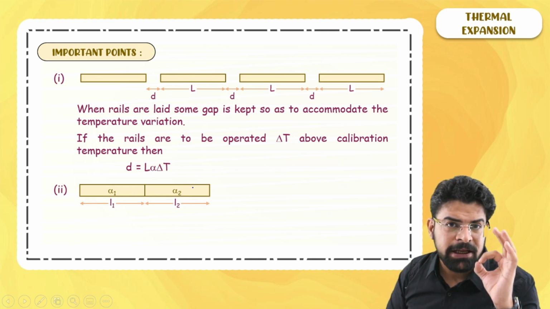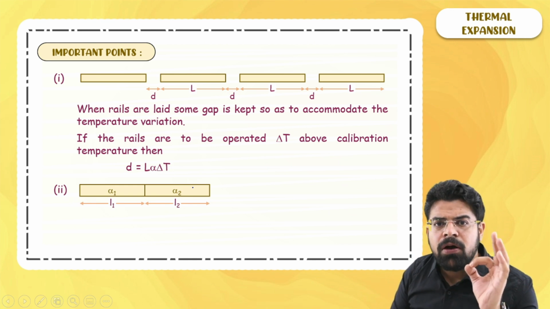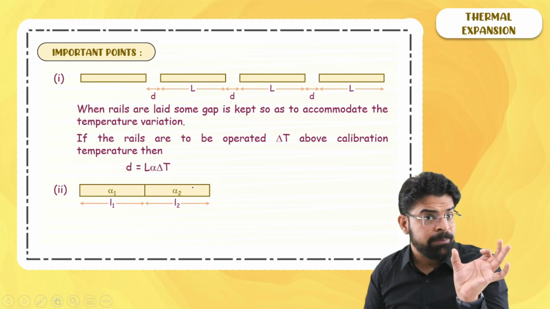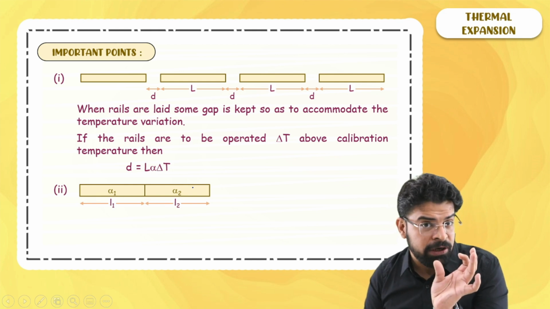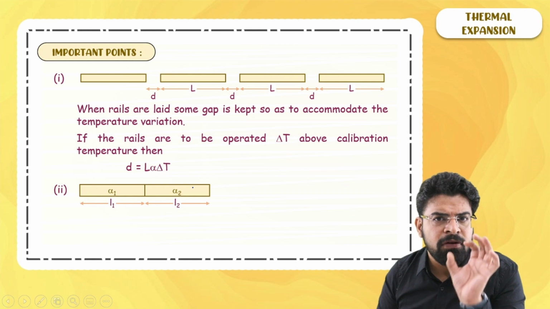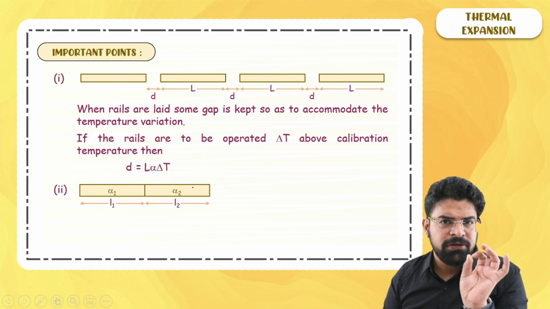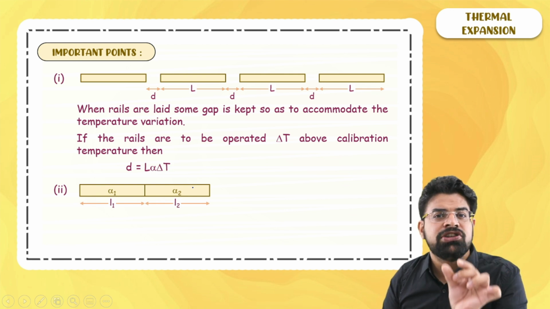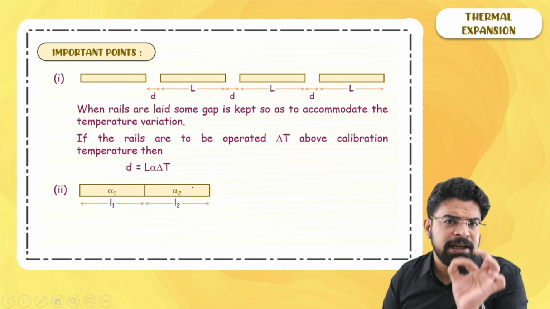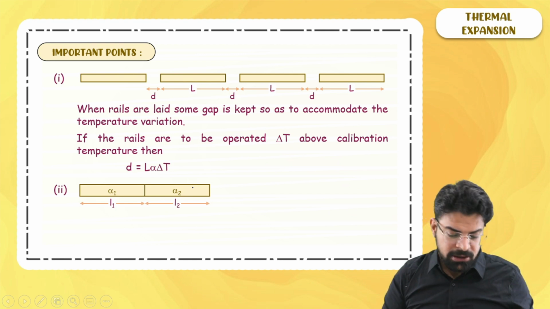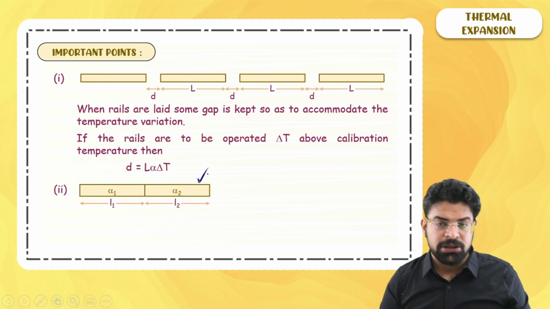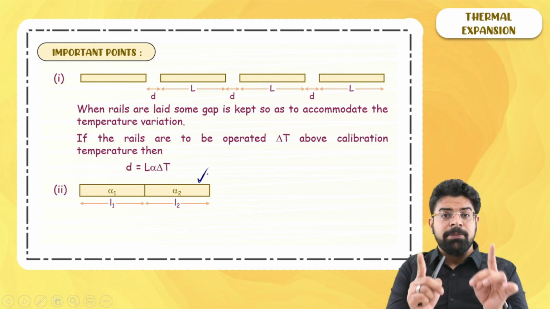This can only happen when one of the rods expands on heating while the other shrinks on heating. If one of them expands and the other shrinks by the same amount, then only it is possible that the composite system of these two rods will have a temperature independent length.